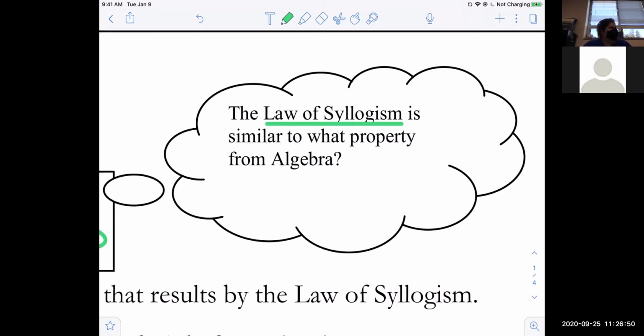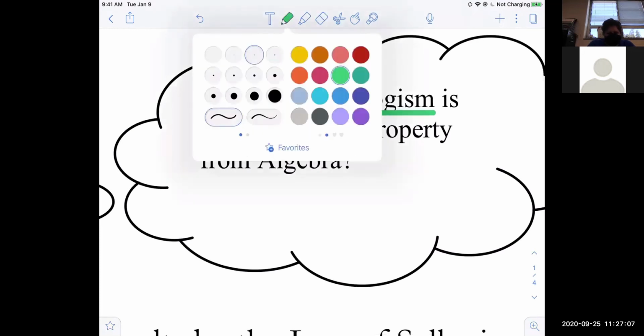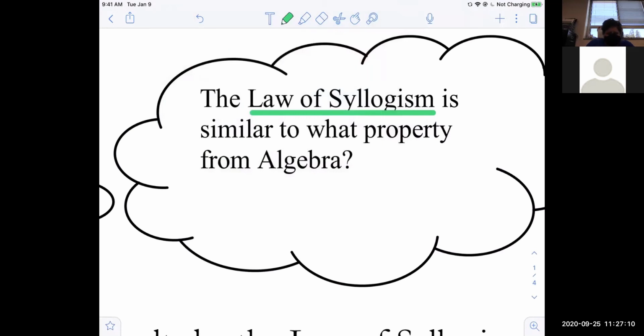We're going to do properties of algebra next lesson, I think. That is a property. You'll know what it is after the next lesson. That's transitive. Anybody recall what transitive is? Does that sound familiar? Some of you that are in Algebra 2 have probably already reviewed those properties.